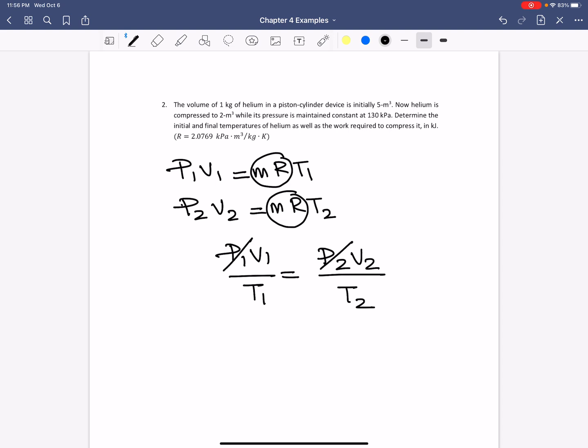So you can cancel these out. So what happened is V1 over T1 is equal to V2 over T2. Since V1 and V2 are given, can we calculate what T1 and T2 are?